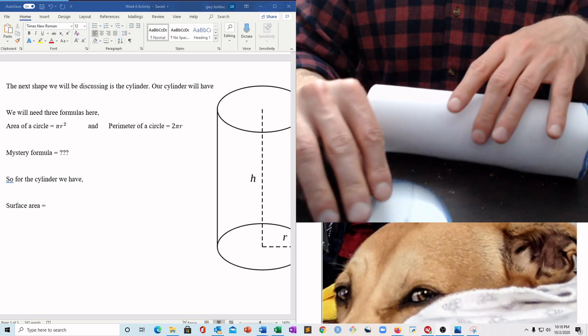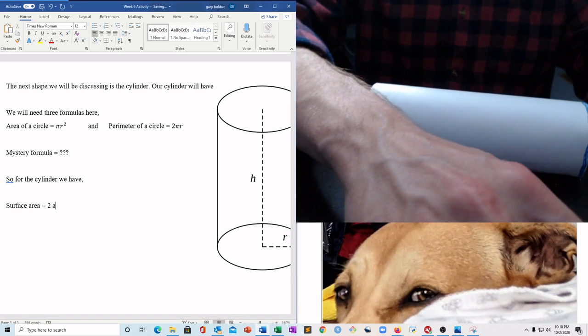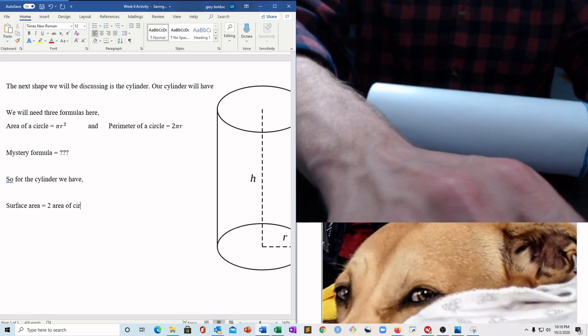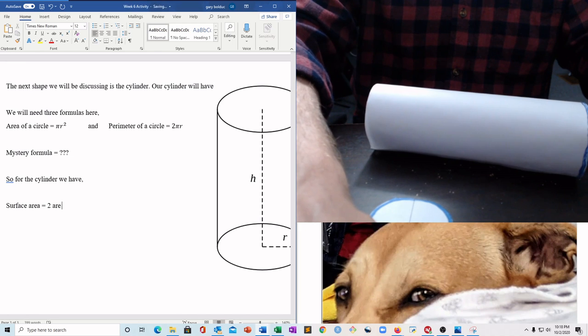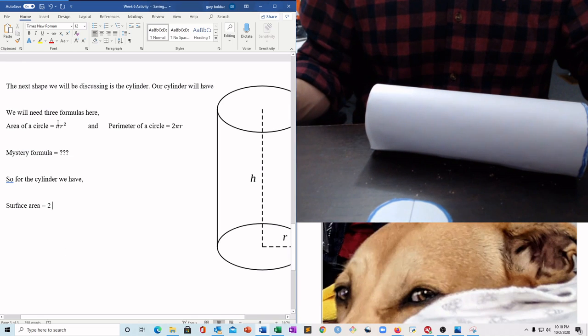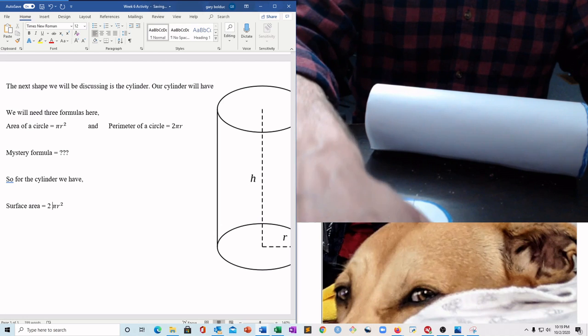So for the surface area, I actually need 2 area of the circle. Okay, but we know what that is. We don't have to even write that out. We can just use the formula. That's pi r squared.